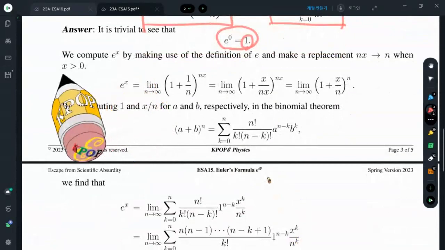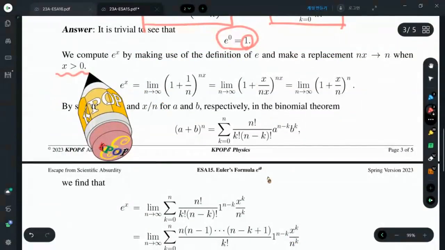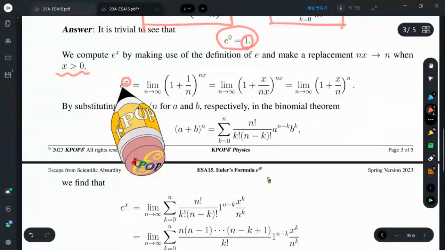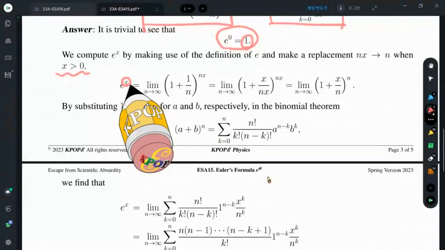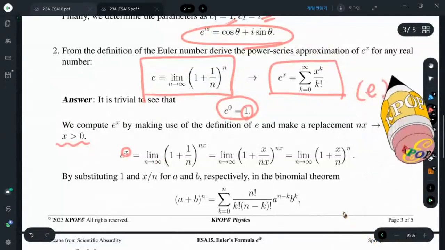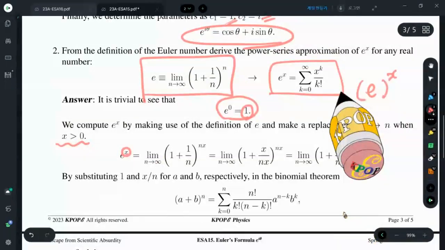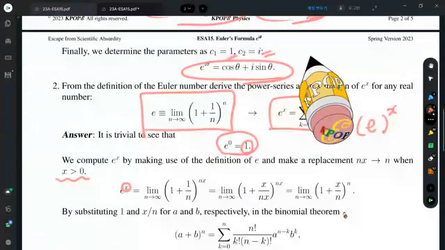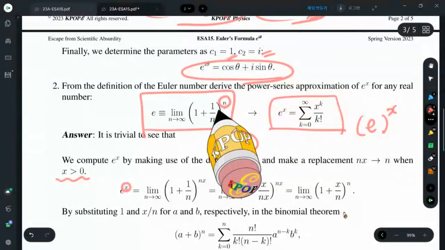Next, we assume that x is positive, then we attach an exponent called x. Law of exponent says we just attach the power. This one initially has a power n in it.